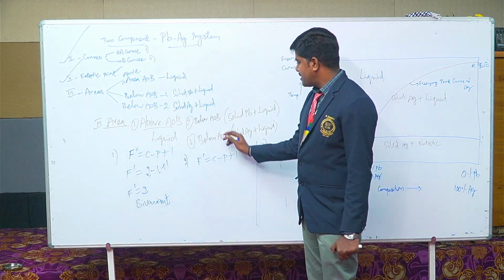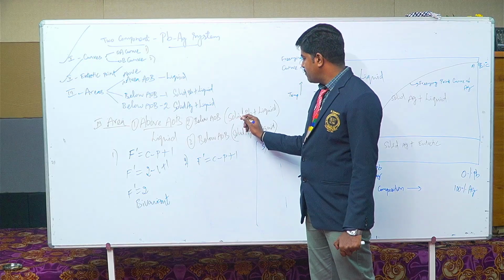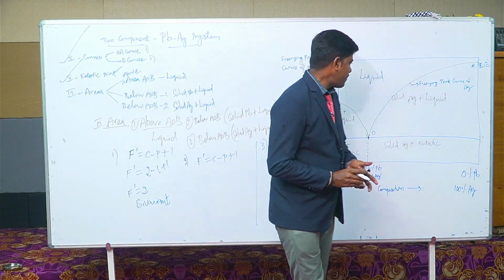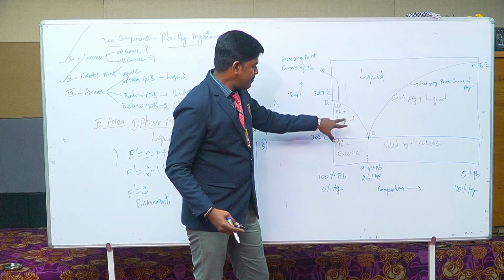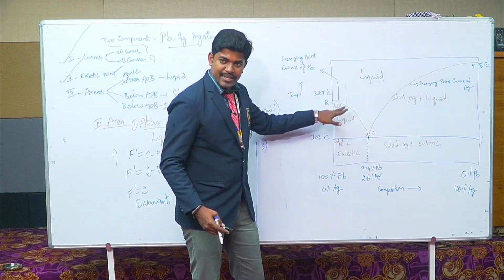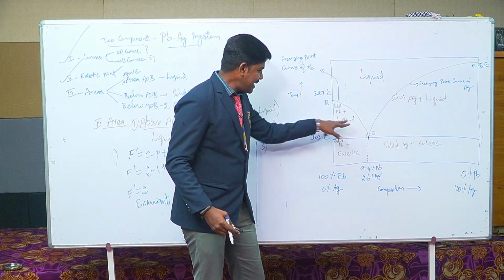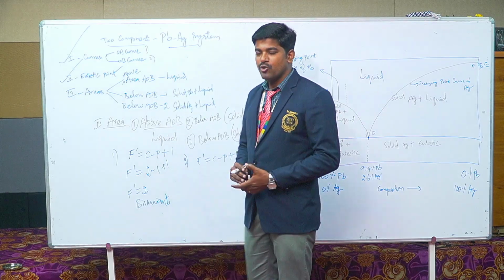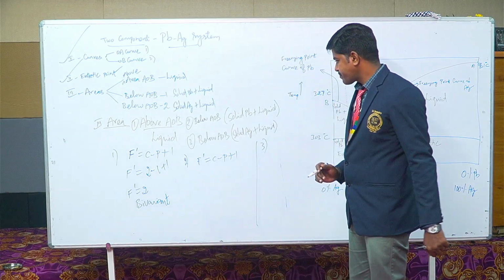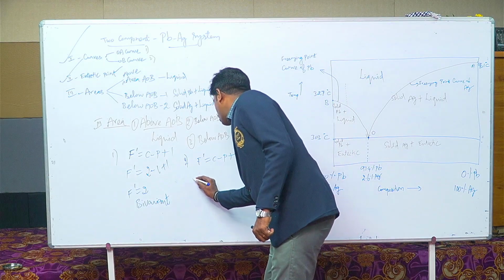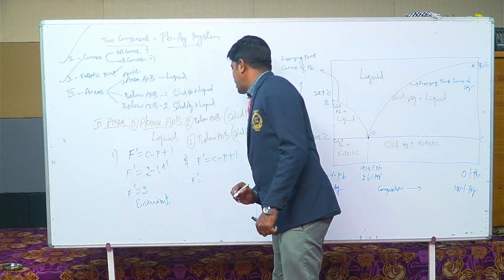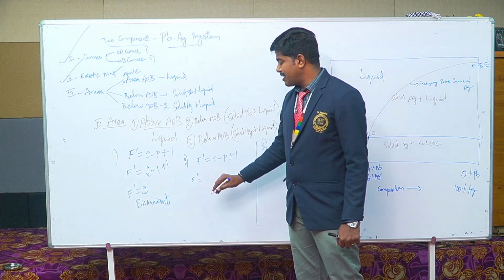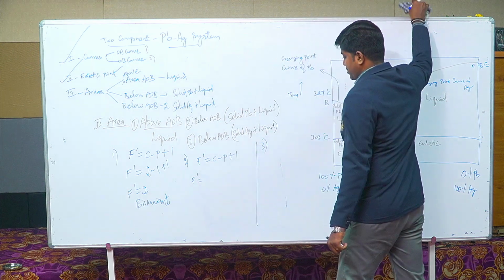We will take the second one, below AOB, which has solid lead and liquid. Where is it in the diagram? See, this is the area which contains solid lead and liquid. For this area, we need to find the number of degrees of freedom. Before that, we need to write the equilibrium present here.